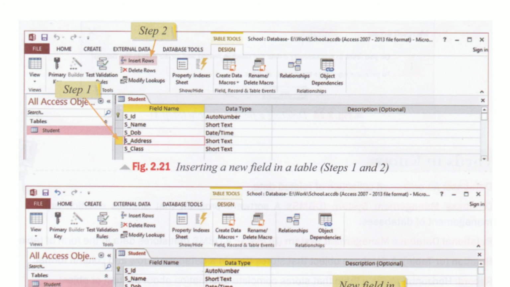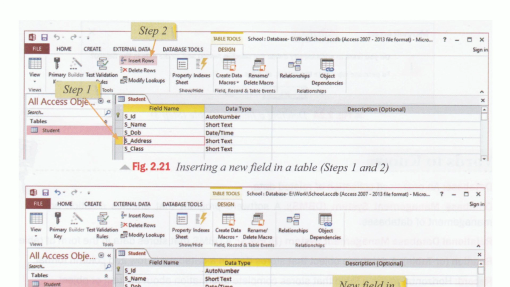For this, select the address field. After selecting this field, you can see in the figure, step 2 indicates where the insert rows option is available. After selecting the SAddress field in the design view, we can click on the insert rows option that is present in the tools group on the design tab.